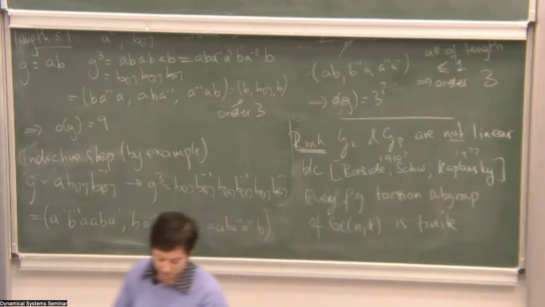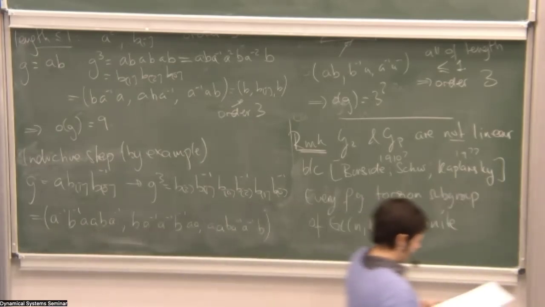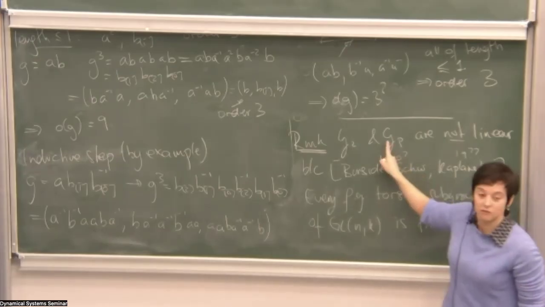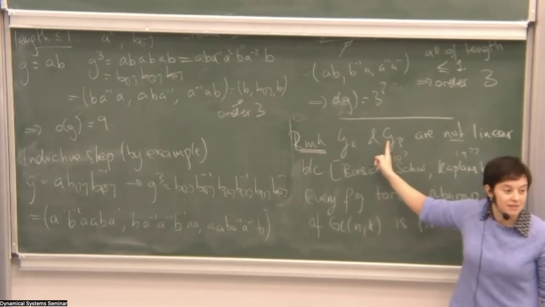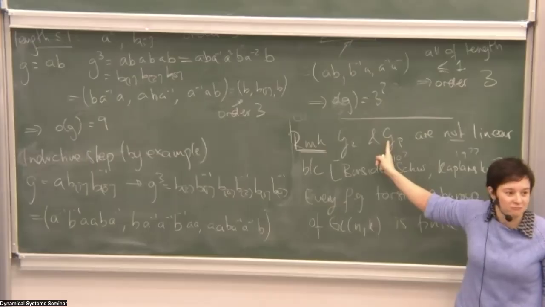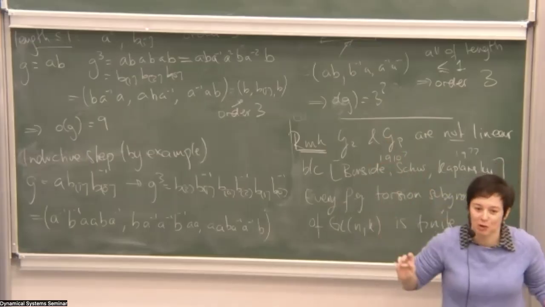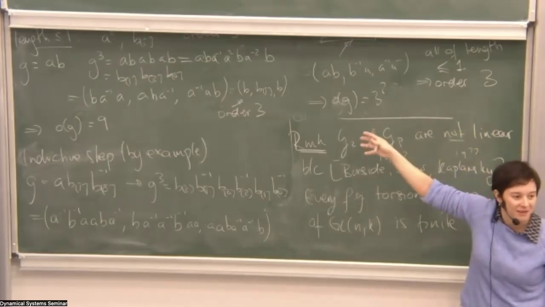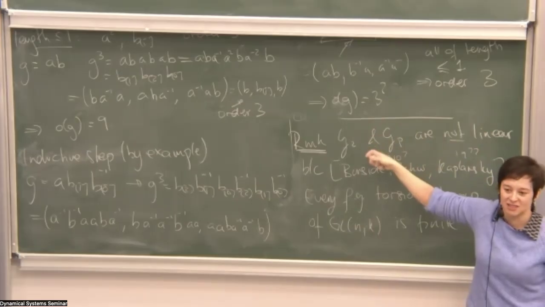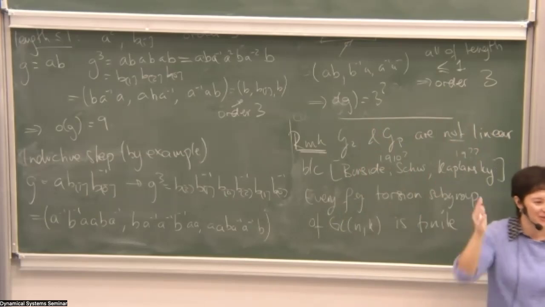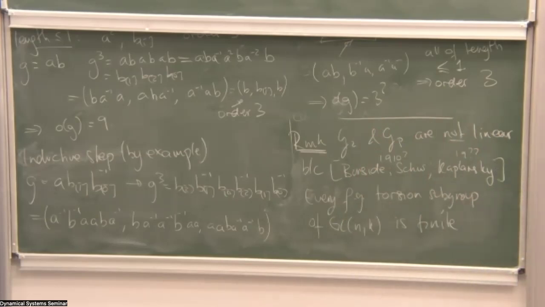G2 has intermediate growth, but we don't know about the growth of GP. It's larger than polynomial because it's not virtually nilpotent, but it might be exponential. We don't know. So there's an open problem if you want to work on something. And you can see it's a very concrete group. I really got my hands dirty and did calculations with you. So go and calculate stuff with this group.